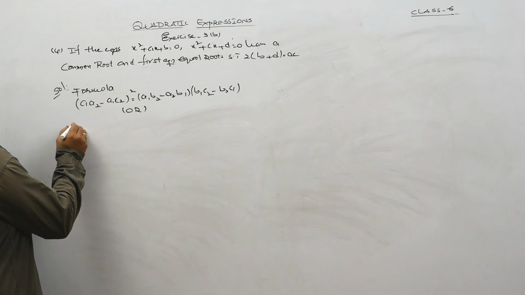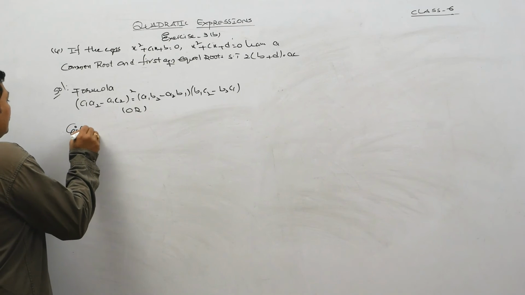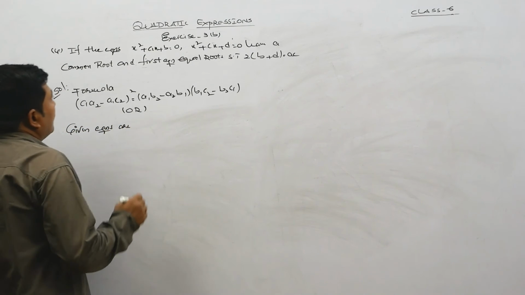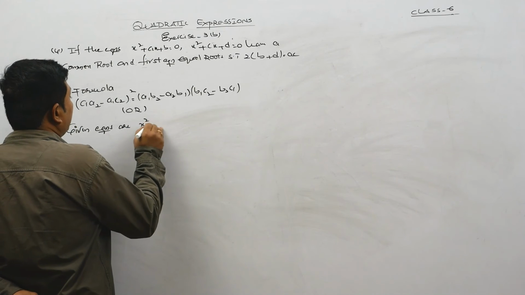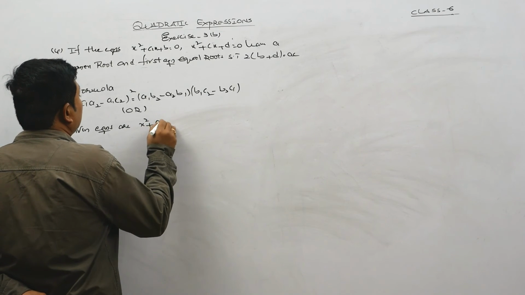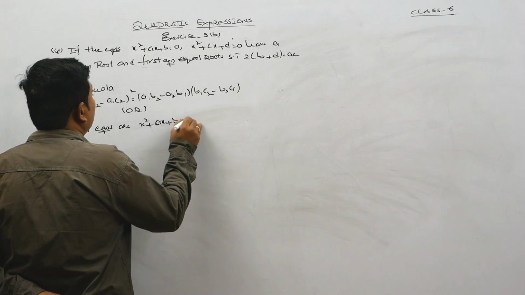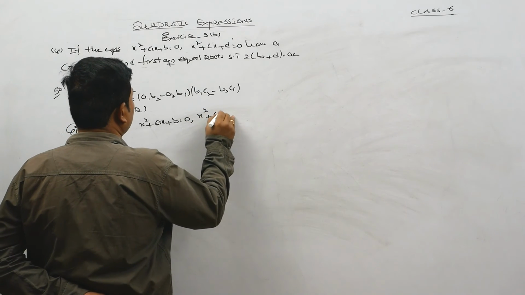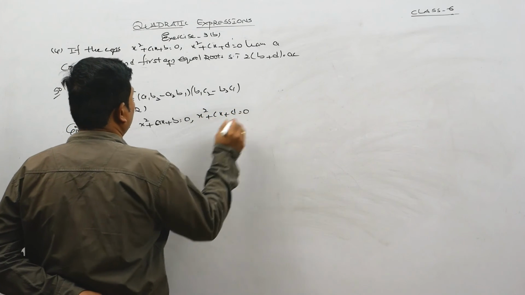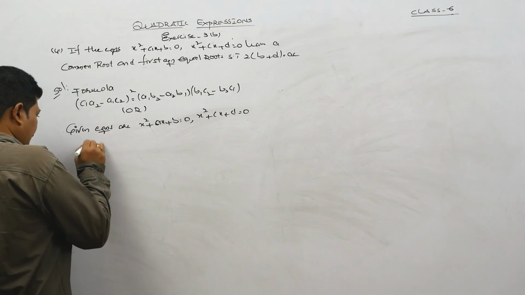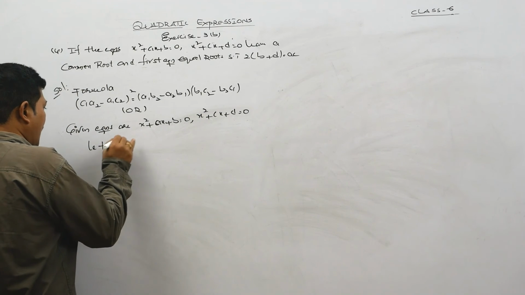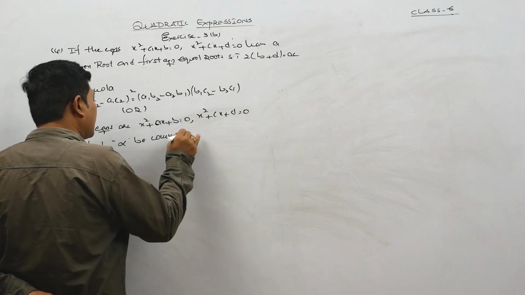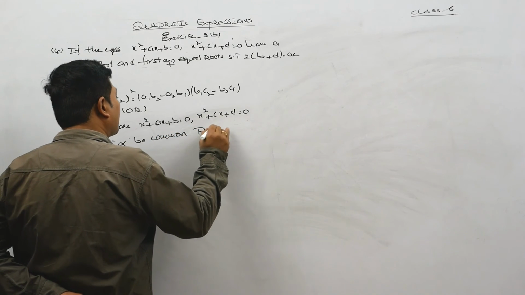Given equations are x square plus ax plus b is equal to 0, x square plus cx plus d is equal to 0. Let alpha be common root.